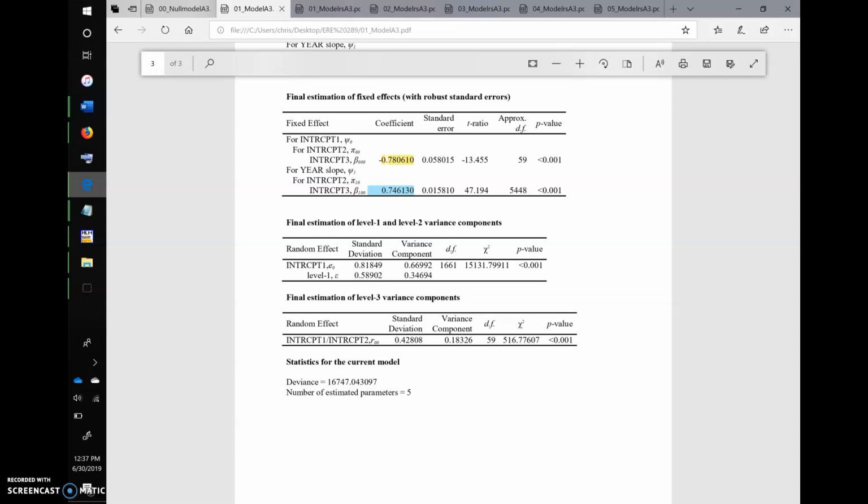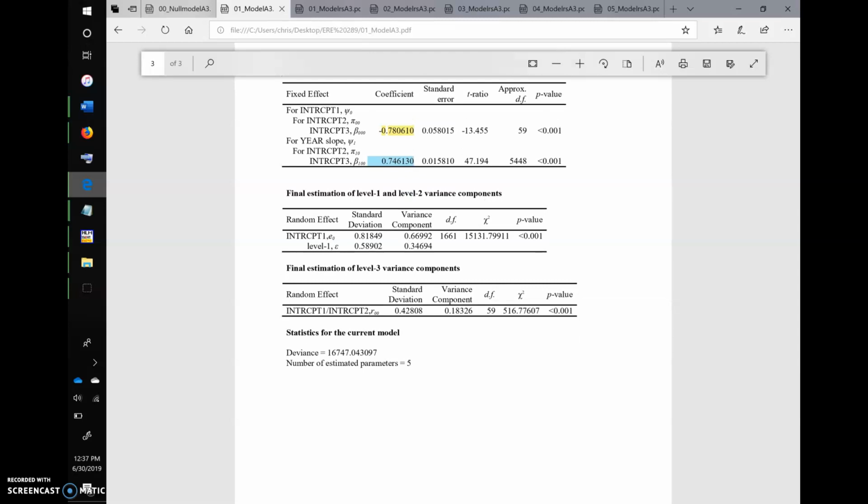So one school ID does have a positive, significant impact on our coefficient depending on the year within school ID.